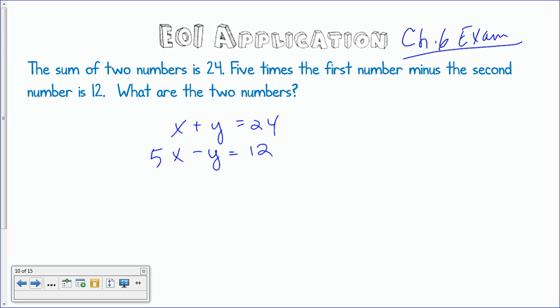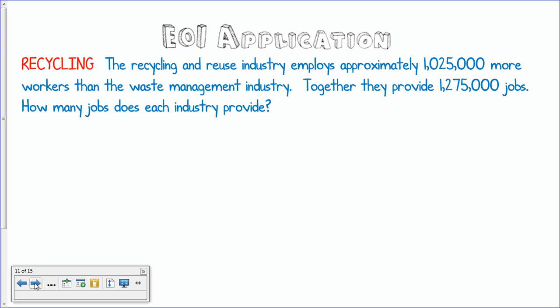Okay? All right. I don't understand how to set up the next one. That's what we're talking about. The recycling? Yeah. Okay, this one's a little jacked up. Because if you look at it, the recycling and reuse industry employs approximately 1 million more workers than the waste management, right? Together, they give you that many jobs.